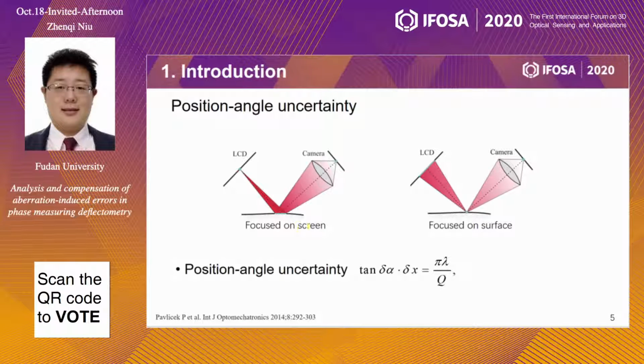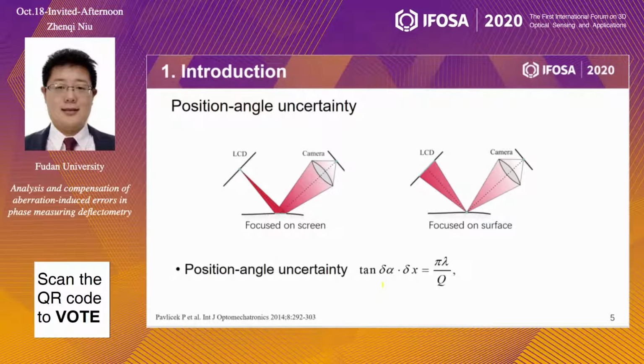In the second situation, the camera is focused on the surface under test. The position accuracy can be guaranteed, but the screen must be defocused, which increases the angle uncertainty. Therefore, they have a Heisenberg-type uncertainty described in this function.